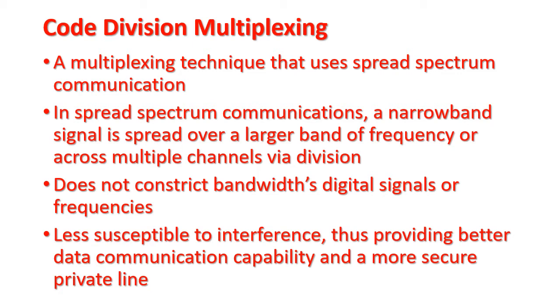In spread spectrum communications, a narrow band signal is spread over a larger band of frequency or across multiple channels via division. This does not constrict bandwidths, digital signals, or frequencies. This is less susceptible to interference, thus providing better data communication capability and a more secure private line.